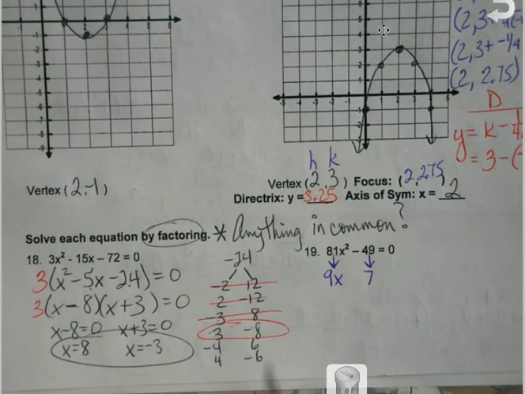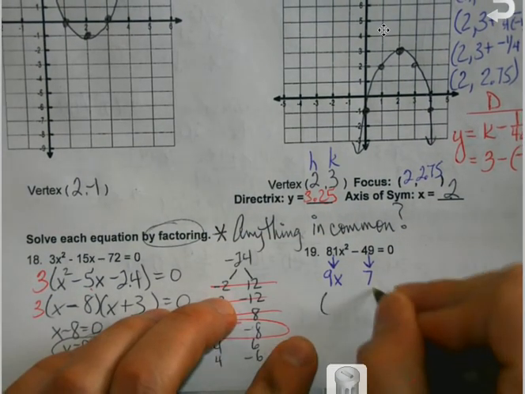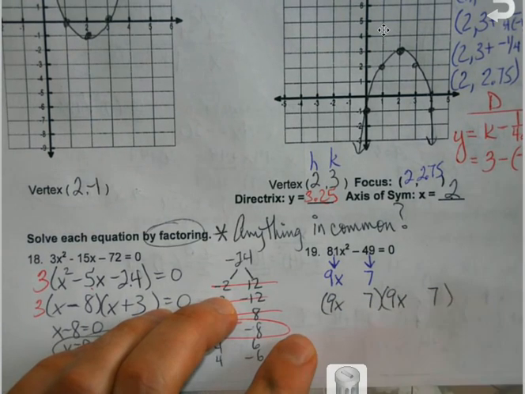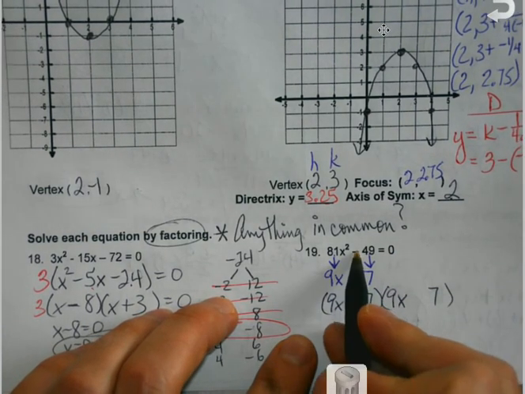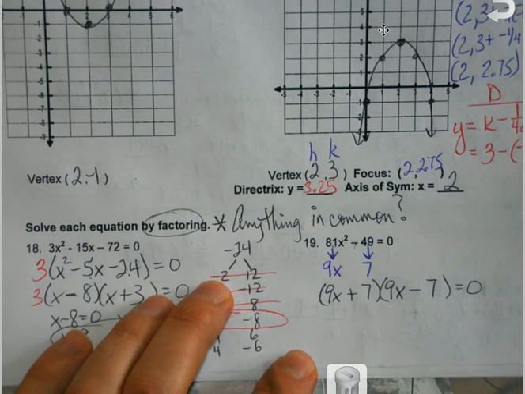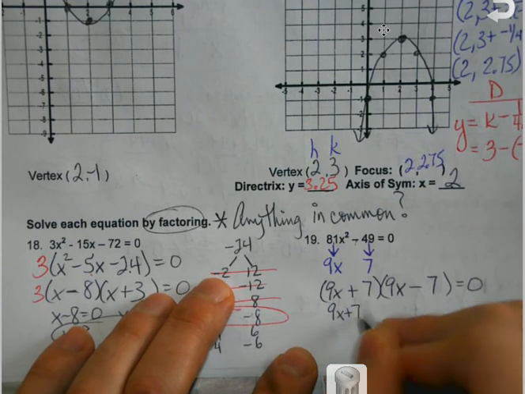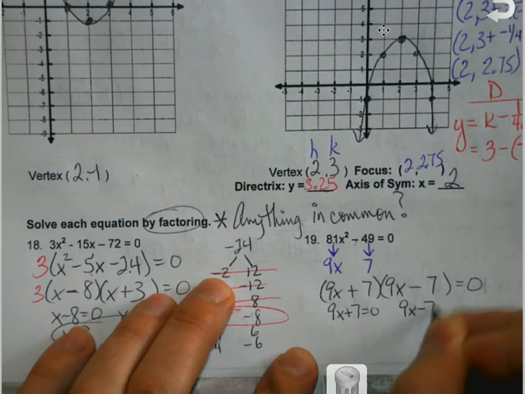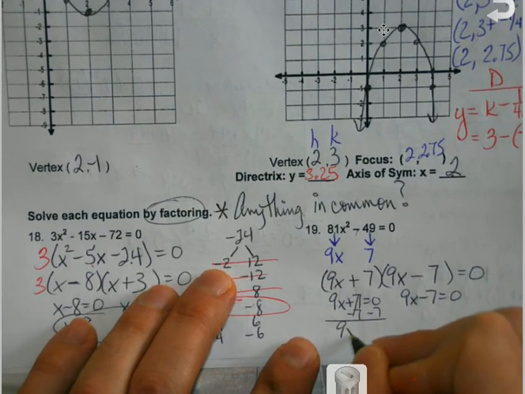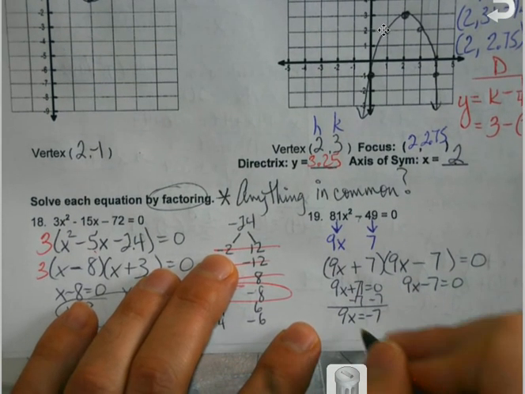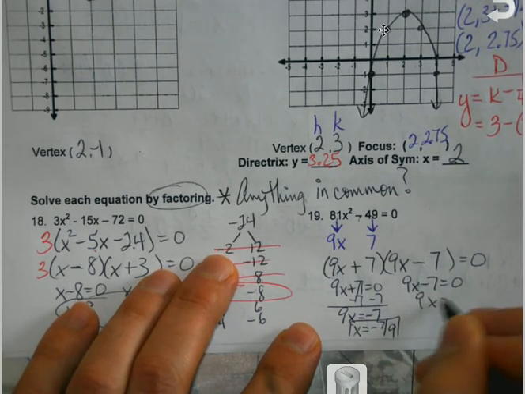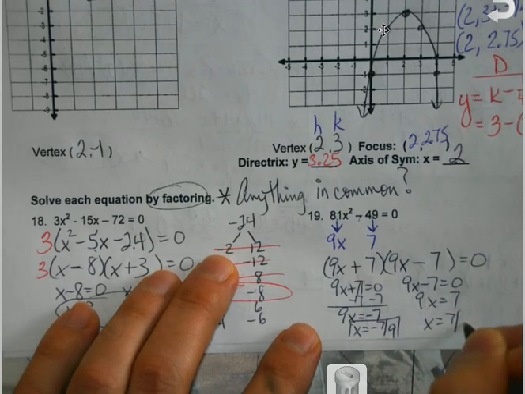It says factoring. Sometimes we're going to force you to use a tool. So each get a 9x, each get a 7. But since I want them to multiply to a negative, one gets a negative and one gets a positive. And then I just set them equal to 0 and get my answers. And again, I'm going to put my answers as fractions. If you put them as decimals, I'm not going to tell you it's wrong, as long as it's the right decimal.